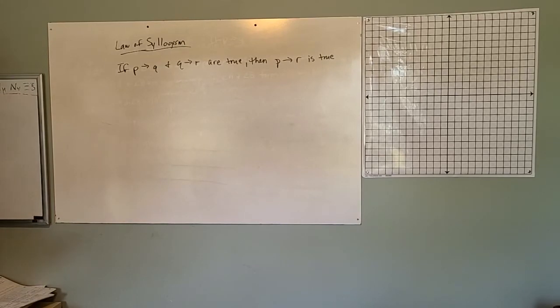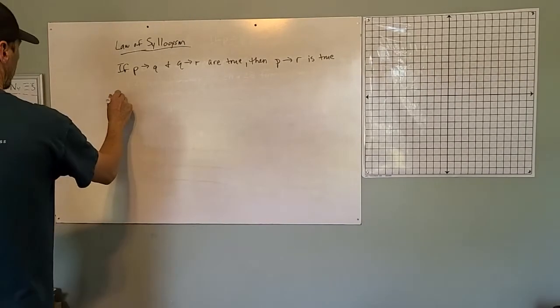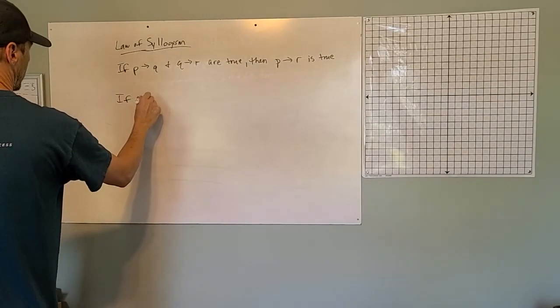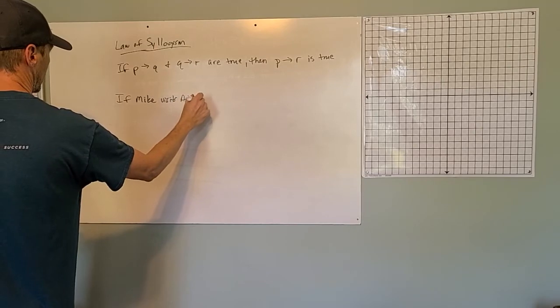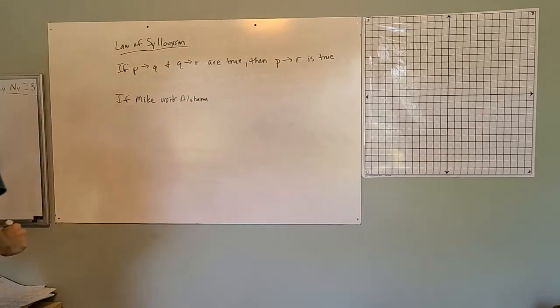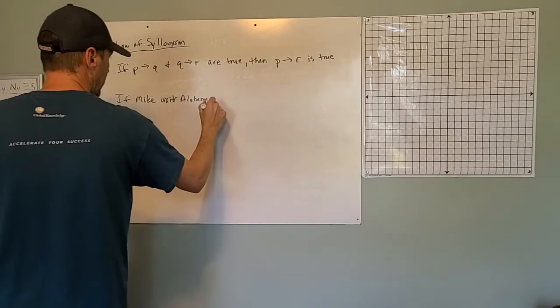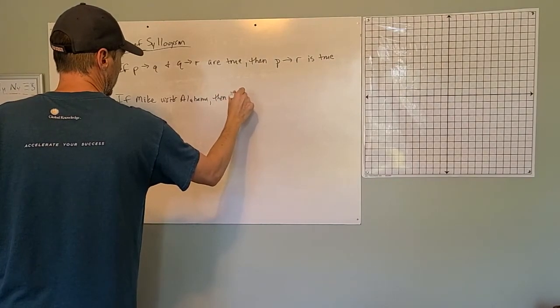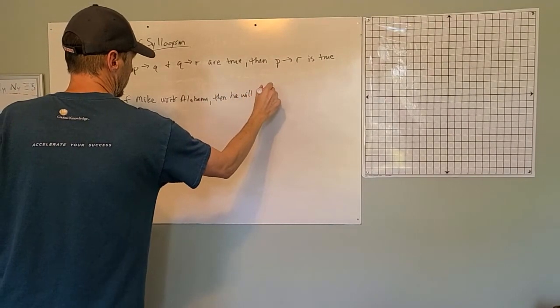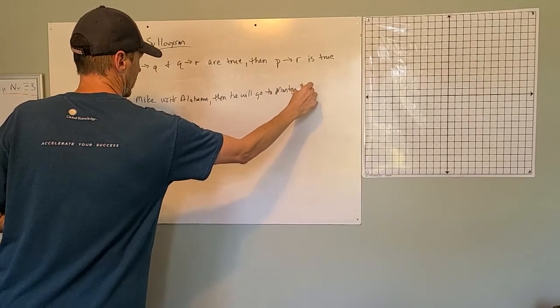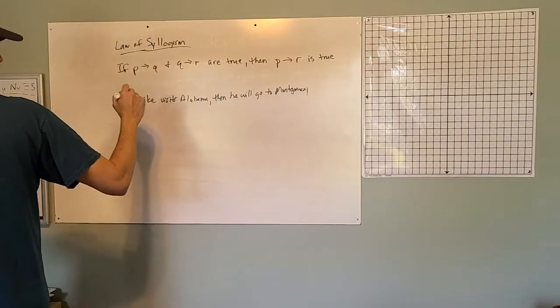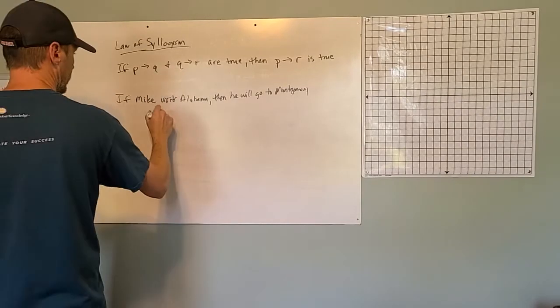So they give this example here. If Mike visits Alabama, then he will go to Montgomery. That's statement A. That's P implies Q.